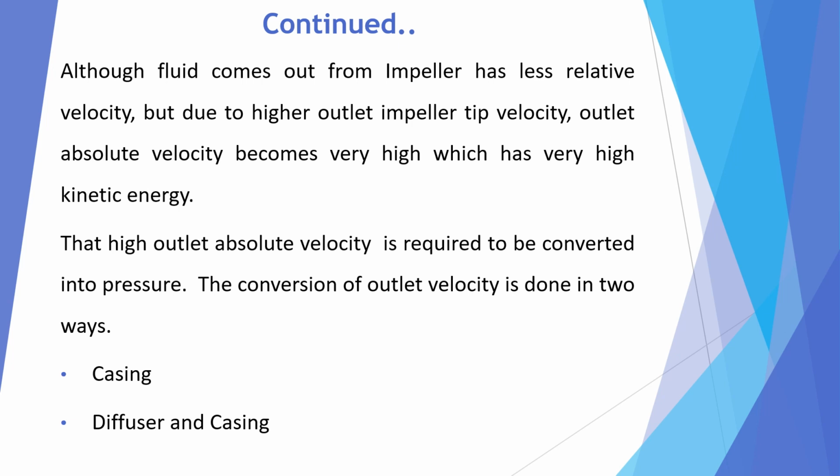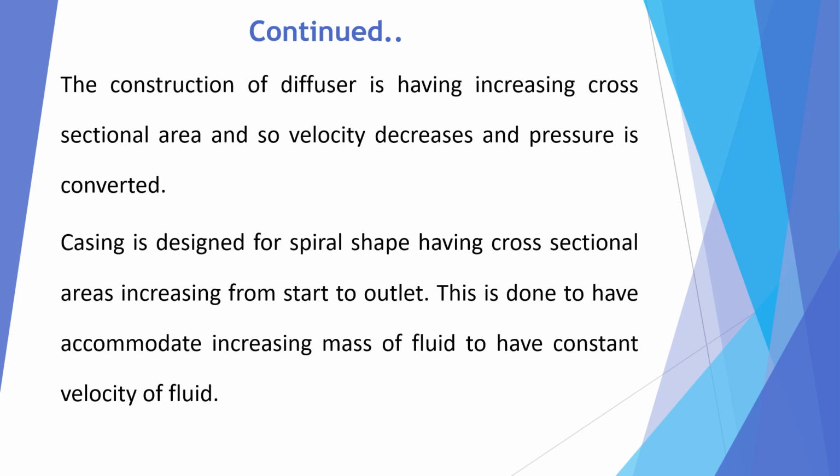One is casing, or another is diffuser and casing. The diffuser is constructed with increasing cross-sectional area, as we have just seen, so velocity decreases and pressure is gained. The casing is designed in a spiral shape having cross-sectional area increasing from start to outlet, and this is done to accommodate increasing mass of fluid to have constant velocity of the fluid.